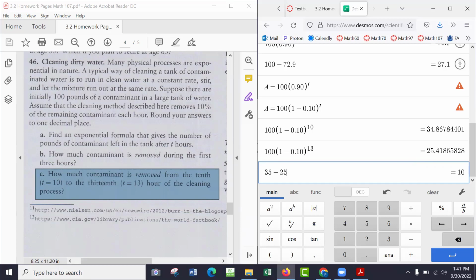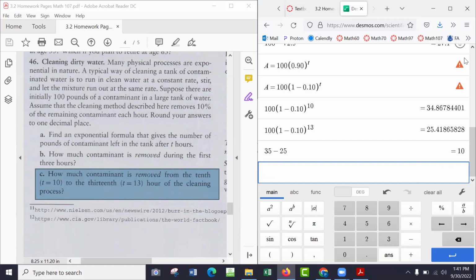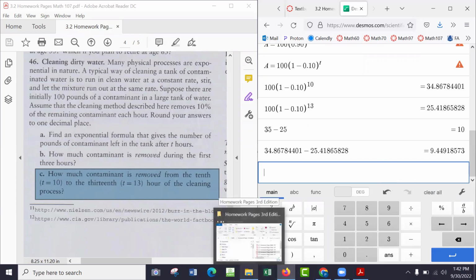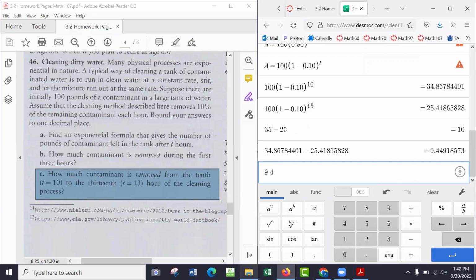Okay. Roughly, but if I want to get a better number, I would do this minus this number. I'm going to round it anyway, but 9.44 or 9.45, right? All right, and so if we're to round that to one decimal place, that would be 9.4 pounds removed between the 10th and 13th hour, right?